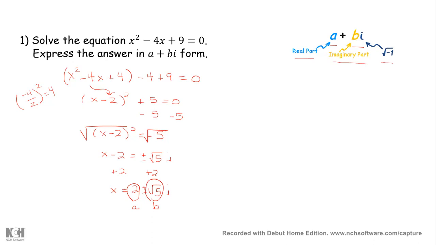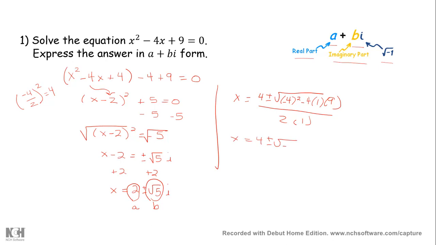Now I could have used the quadratic formula also. x equals -b plus or minus the square root of b squared minus 4ac, all over 2a. So that would have given me x equals 4 plus or minus the square root of -20, that's 16 minus 36, over 2.